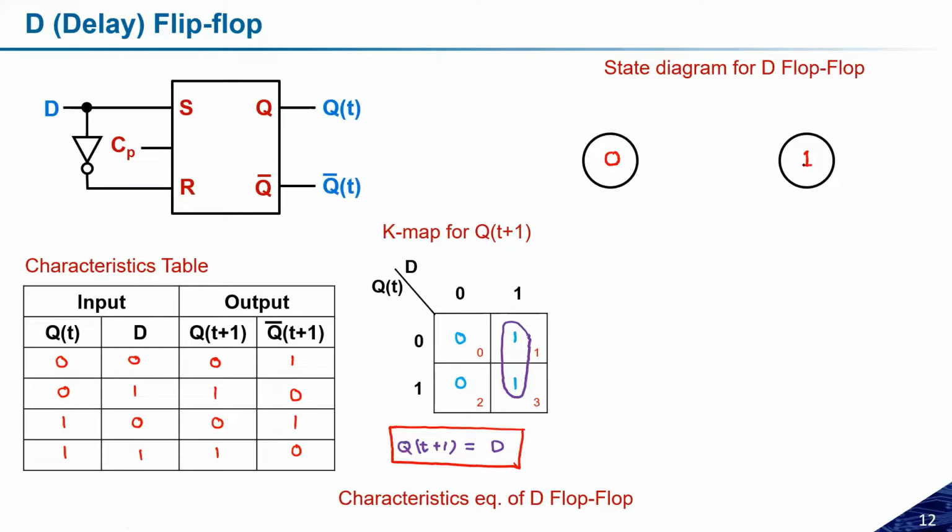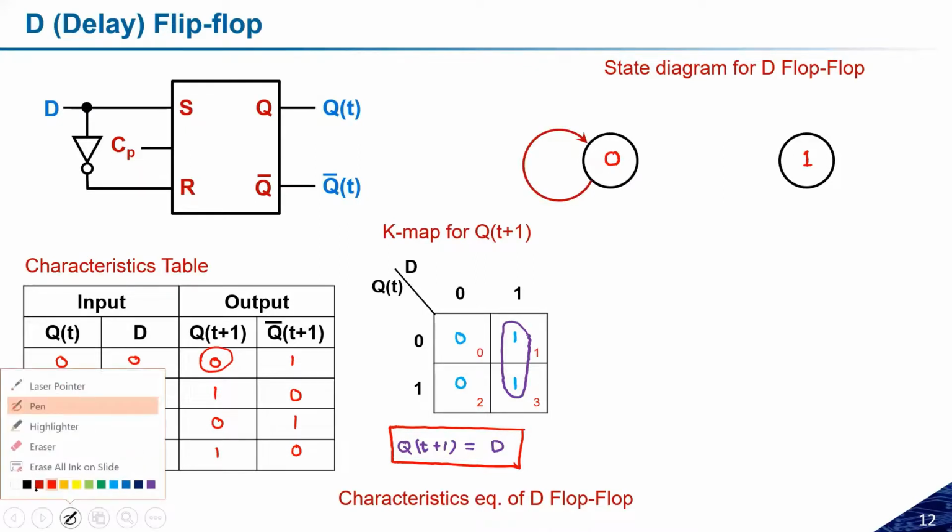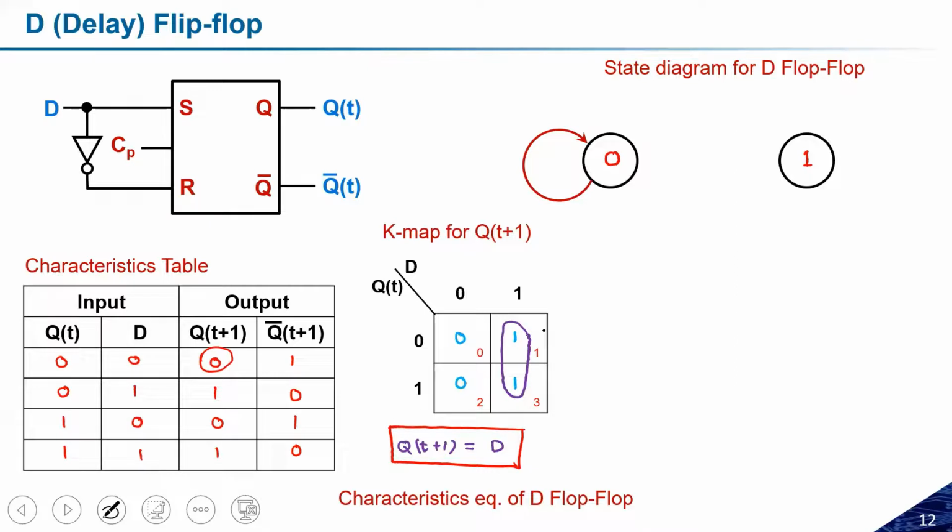So what happens if qt is equal to 0? If qt is equal to 0 and d is equal to 0, I am getting the same output. So I will get the same output if d is equal to 0. Next, if qt is equal to 0 and d is equal to 1, qt plus 1 becomes 1.